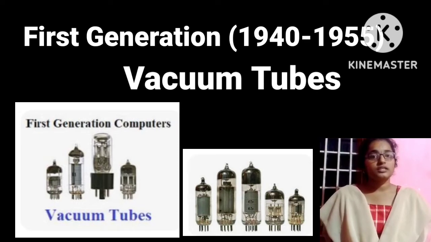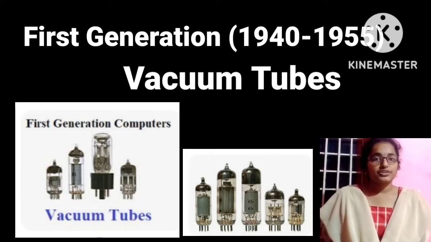The programming language is machine language, which is the lowest level of programming language, zeros and ones, also called binary language. Examples of the first generation are UNIVAC and ENIAC.